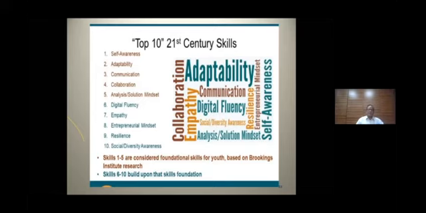Then come the higher levels based on our requirements of the 21st century: digital fluency, ICT requirements, then empathy, entrepreneurial mindset, resilience, social diversity awareness.